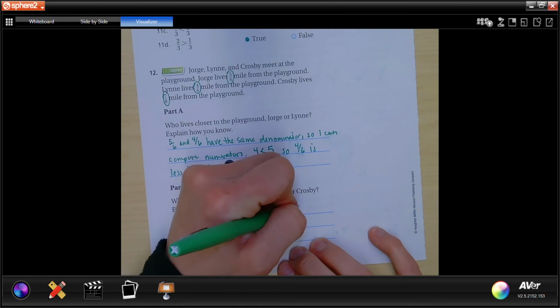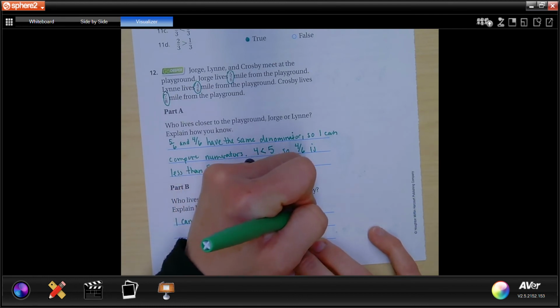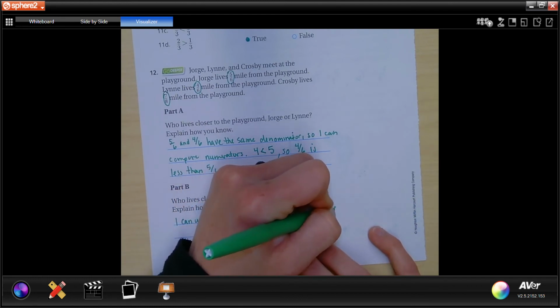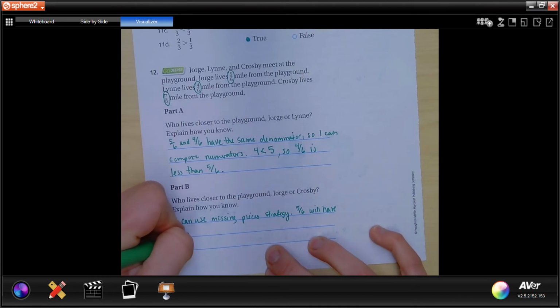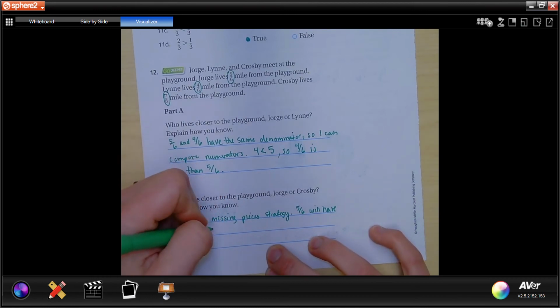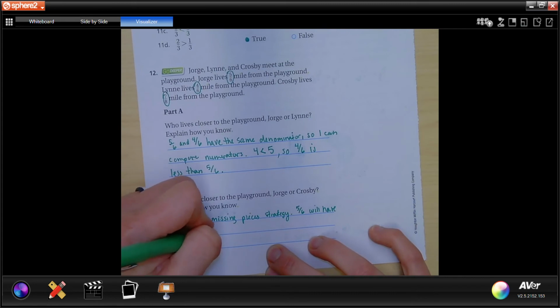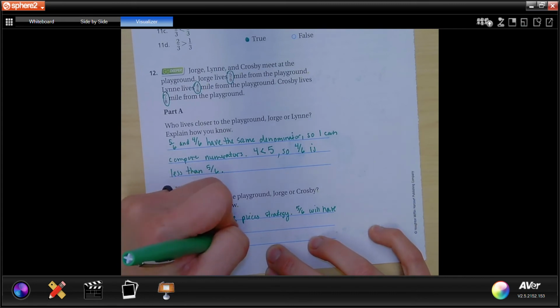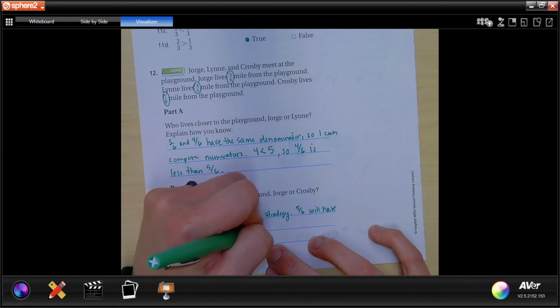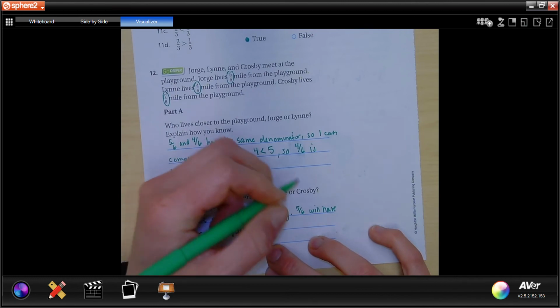So 5/6 will have a larger missing piece than 7/8.